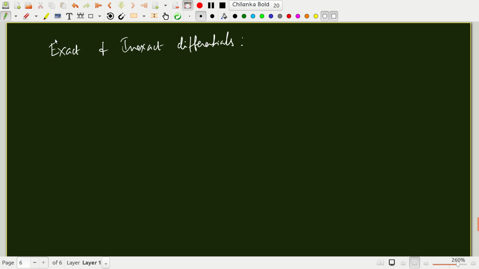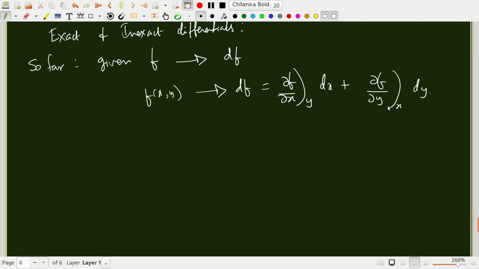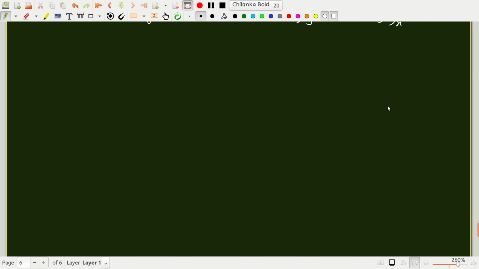So far, what we have been discussing is, suppose I give you f, then how to find df. If I say f is a function of x, y, then you now know that df is partial f, partial x at constant y, dx, plus partial f, partial y at constant x, dy. This is something that we have discussed frequently so far. Now, what if I ask the reverse question?